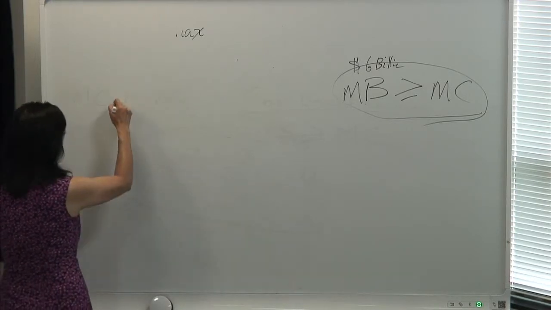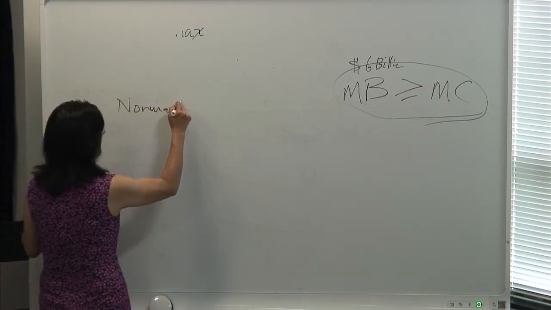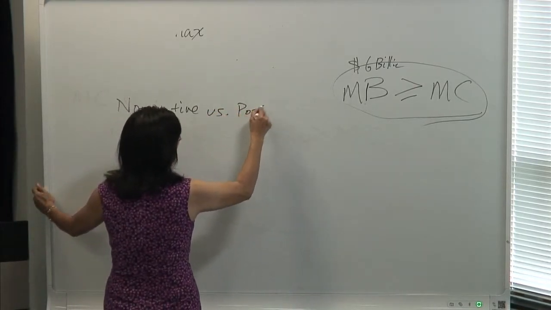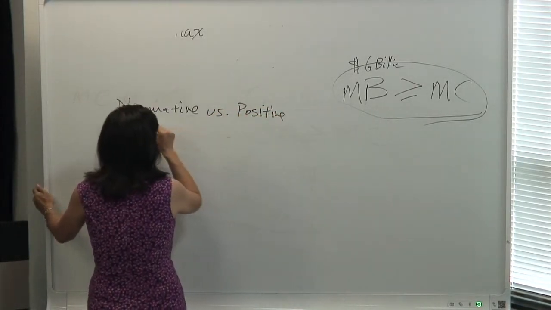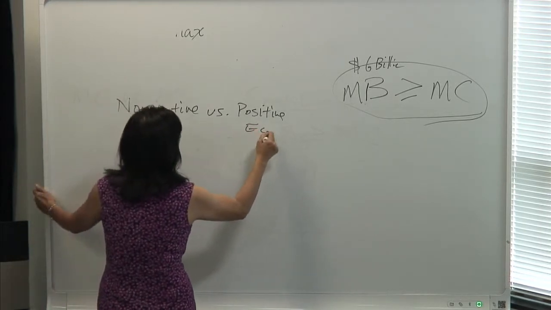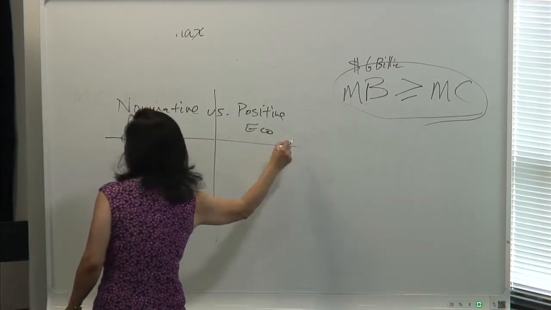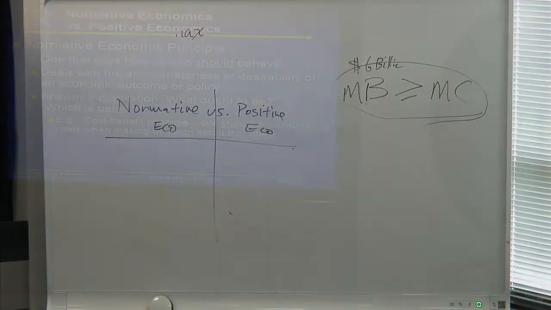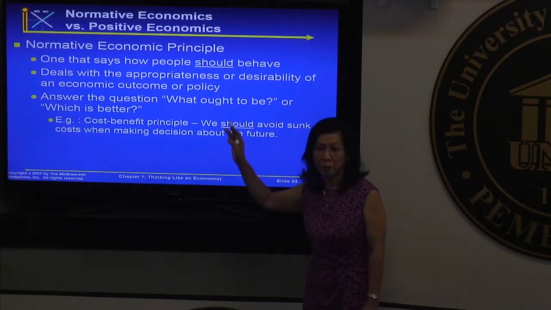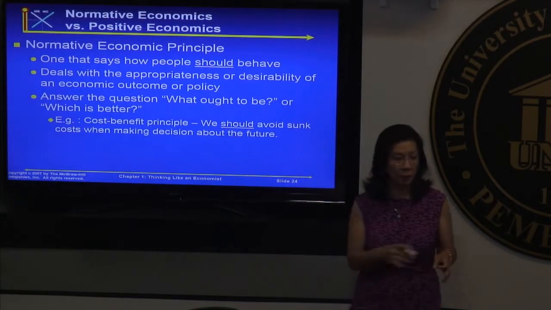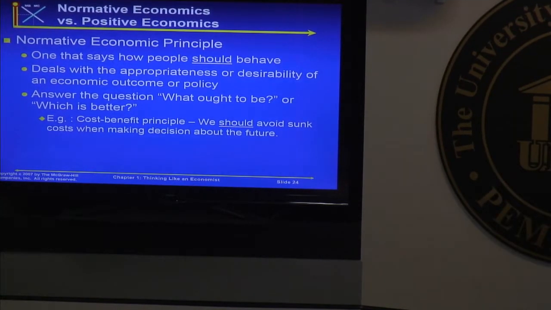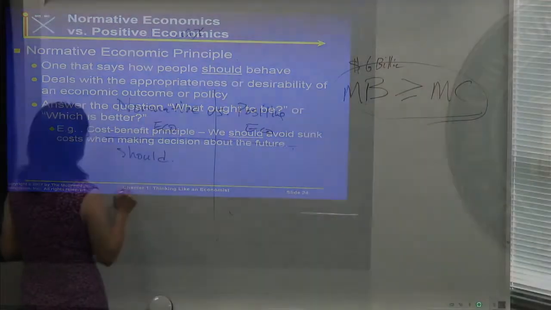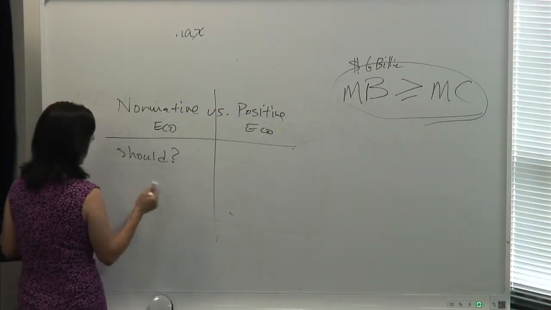Okay, so now we want to talk about the differences between normative versus, what's the other one? Positive economics. What's the difference between the two? Okay, now normative economic principle deals with how people should behave. It's got a little bit of what ought to be, how desirable it should be.